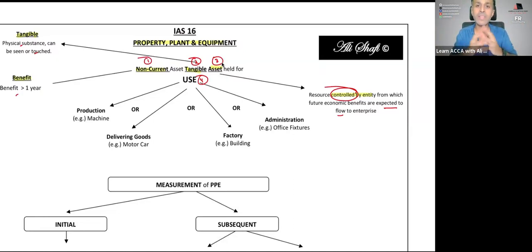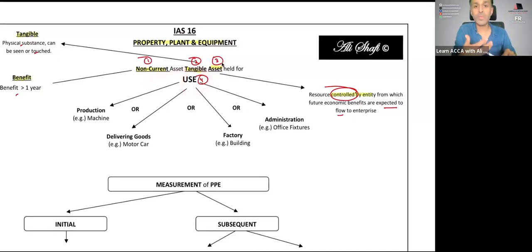So I will call this laptop the property, plant, and equipment of my setup, because all of the parts of the definition are satisfied on it. Non-current it is, tangible it is. I have full control over it by having possession, and this lets me get the benefits out of it. And ultimately, why has this laptop been held? Is it for sale? No, it is for use.